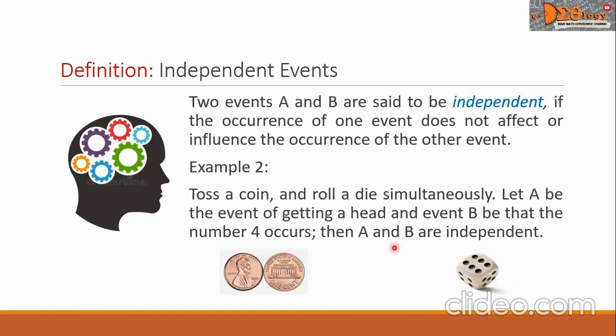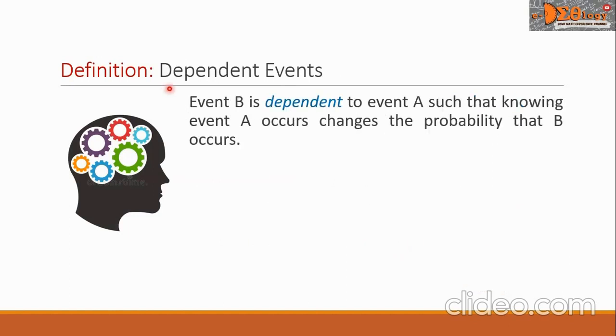Then A and B are independent. Let us define now dependent events. Event B is dependent to event A such that knowing event A occurs changes the probability that B occurs.